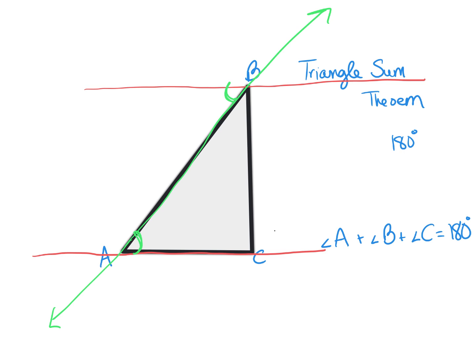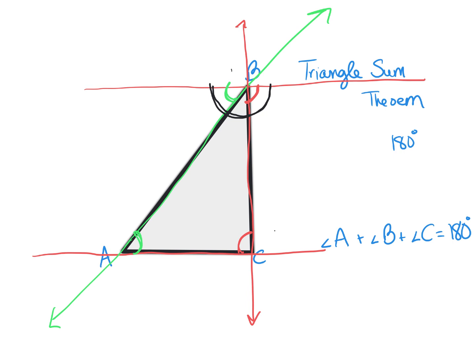If I extend side BC as a transversal as well, you'll notice that angle C is also alternate interior to that angle on the other side of angle B, and those are congruent. So what we have here, and we've previously learned that a straight line has 180 degrees.